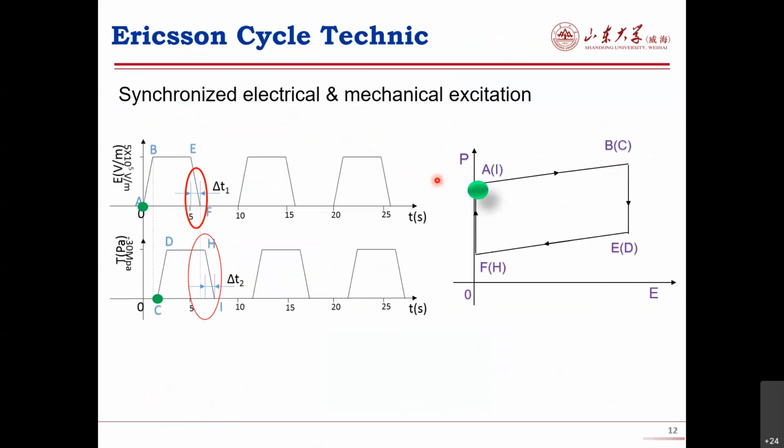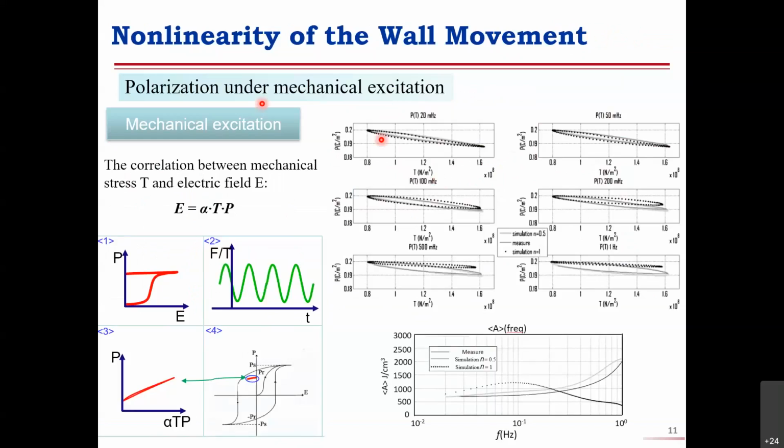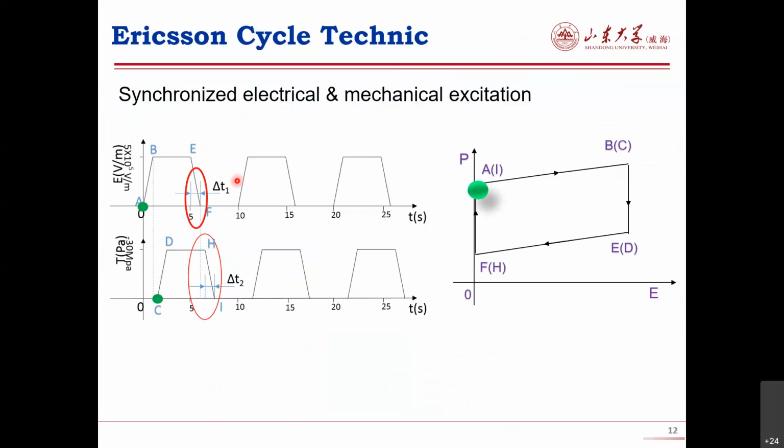And by using this model, the mechanical excitation and the electrical excitation model, we propose the Ericsson cycle technique. That's how it works. First, we apply a constant electric field to this piezoceramic, and then we keep the electric field constant and apply a mechanical stress to that.